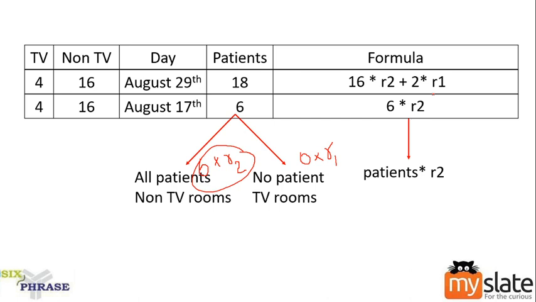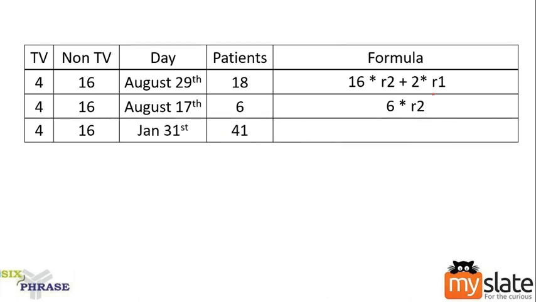Next scenario. Consider the date Jan 31st. On Jan 31st we have 41 patients, but I have only 20 rooms. I don't have 40 rooms or 50 rooms. If the number of patients is 41, I can't accommodate everyone.